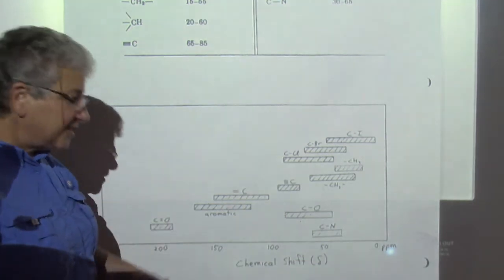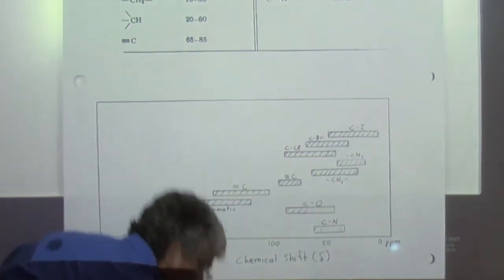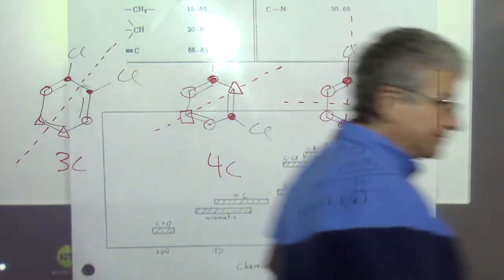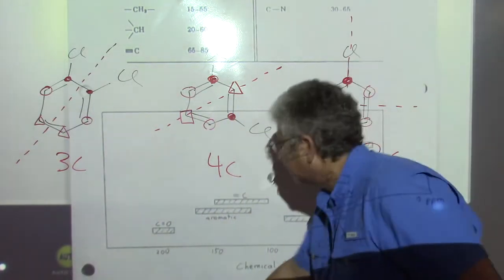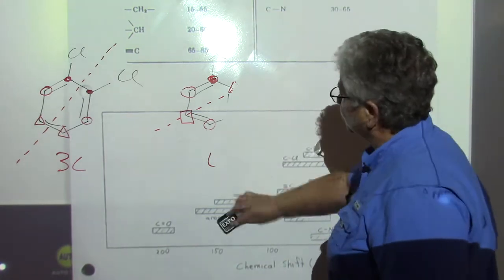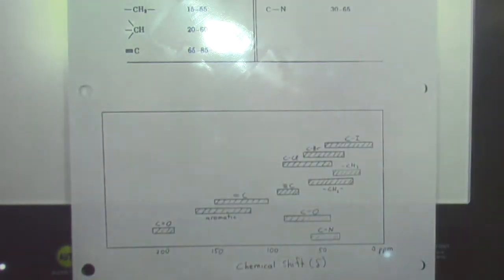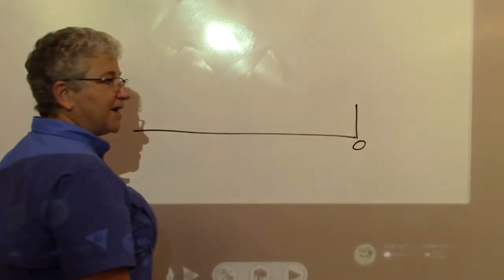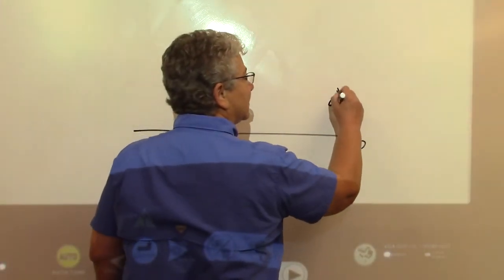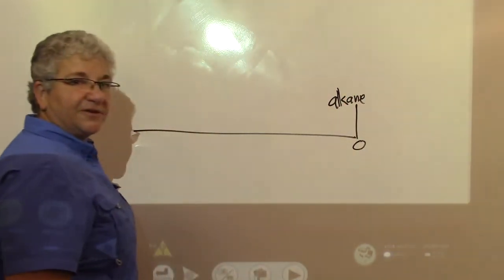And so what I'd like you to be able to do is recognize that if this is 0 for TMS, my alkane carbons are upfield.